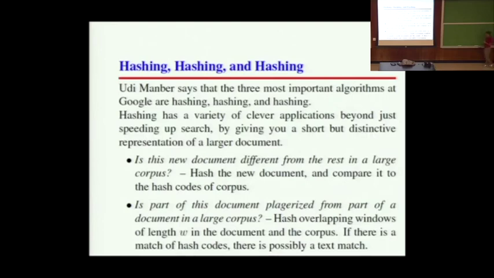The plagiarism detector, first of all, instead of hashing the entire document, is going to take short fragments of the program and hash each short fragment separately. The first 20 characters of your program, the next 20 characters, the next 20 characters, the next 20 characters.